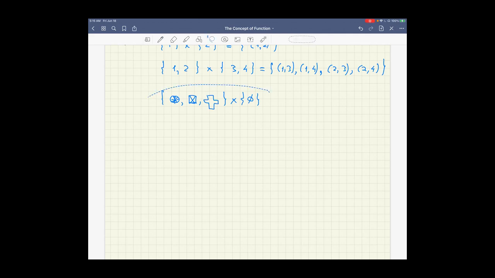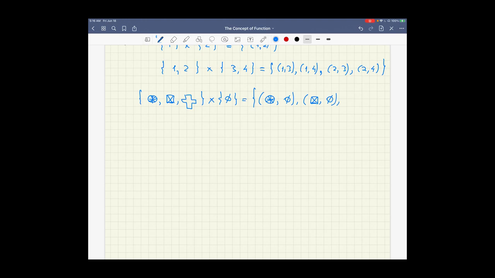The product will be a set of 3 pairs. One pair will be the asterisk in a circle, comma, the empty set. Another pair, there's no order here, there's no first pair or second pair, will be the box, comma, the empty set.